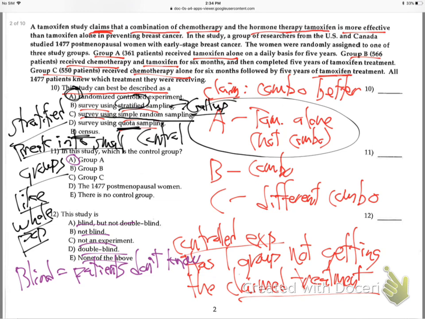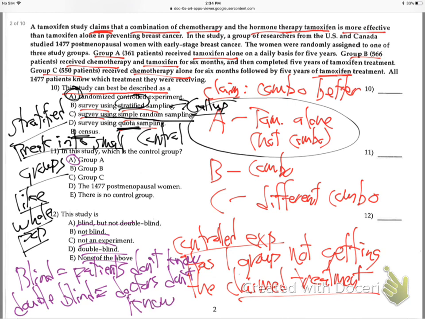You don't let the patients know because you don't want fake results. Right? Because of the mental thing. And then what's double blind? Not quite nobody, but I know what you mean. The doctors don't know either. Some administrator over it all knows. Yeah, doctors don't know also. So both groups don't know.